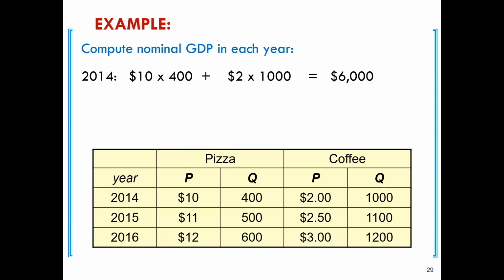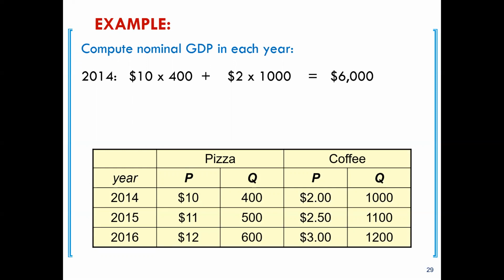So for 2014, the value of pizza is the quantity of pizza produced times the price, and the value of coffee is the quantity of coffee produced times the price.